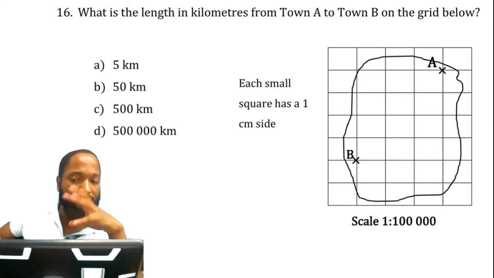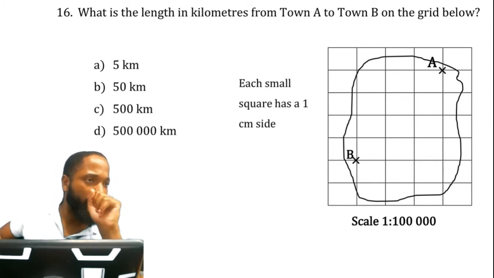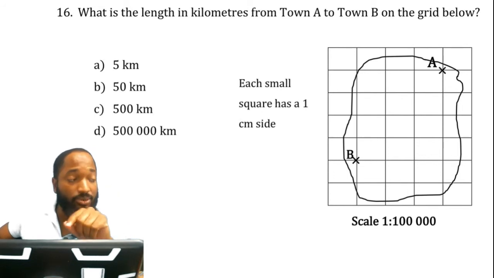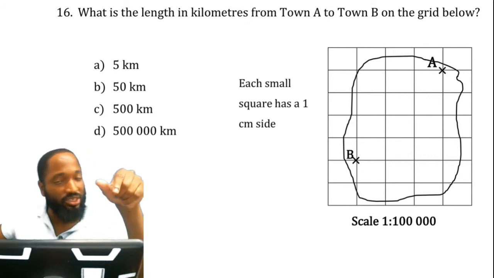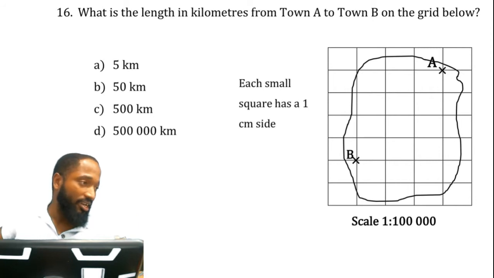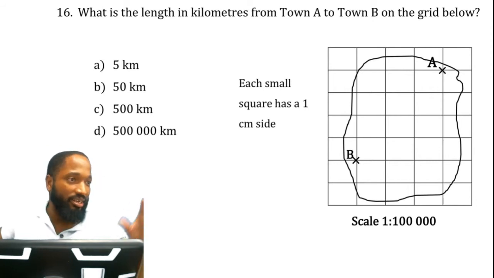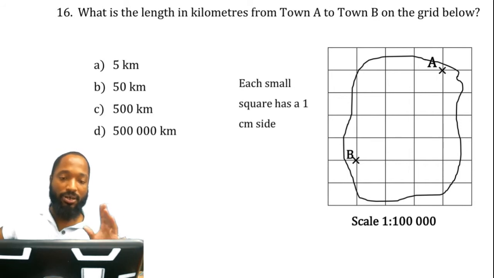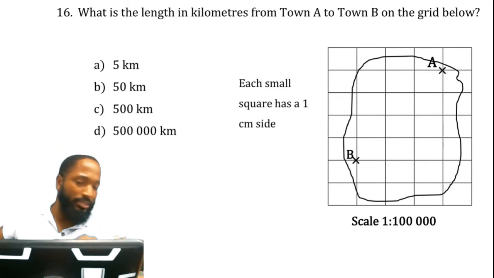These questions can come very brutal in paper 2 when they involve area and scales, and you need to change the scale from a linear scale to an area scale. That could be a little problematic. Most students get those wrong. But you all should be able to handle this as well.